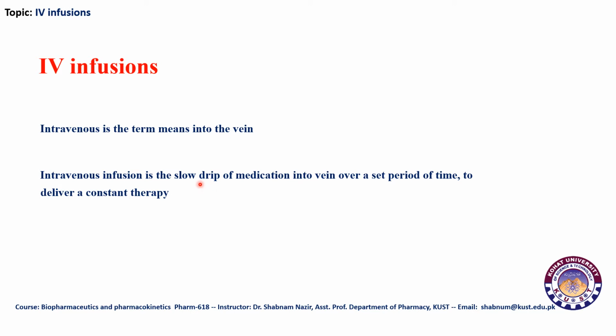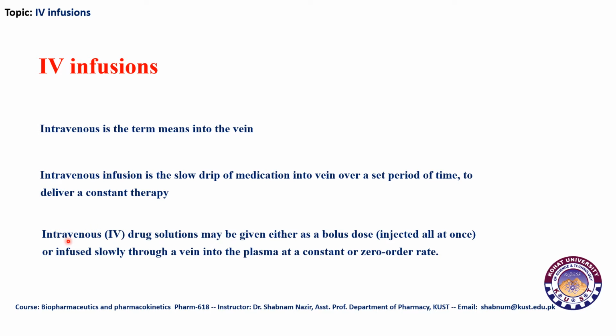Intravenous infusion is the slow drip of medication into the vein over a set period of time to deliver a constant therapy. While on the other hand, as I just mentioned, an intravenous drug solution may be given either as a bolus dose, injected all at once, or infused slowly through a vein into the plasma at a constant or zero order rate.